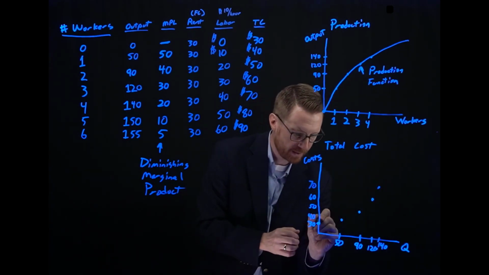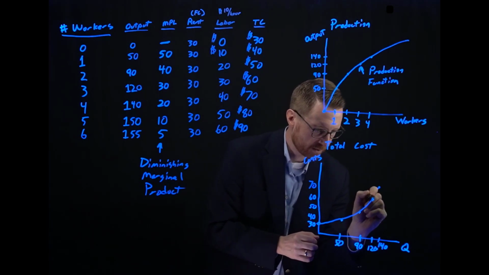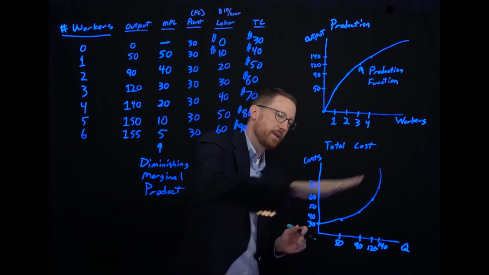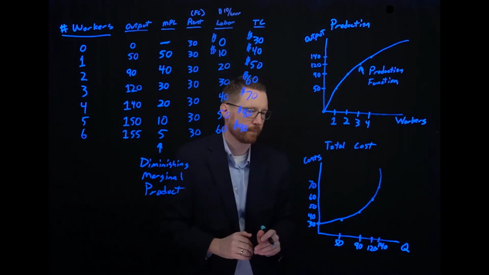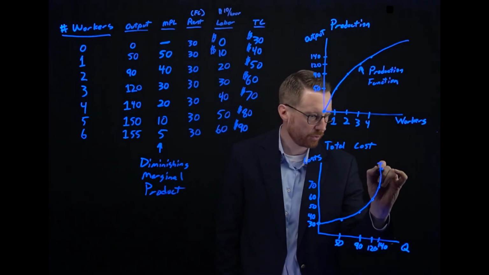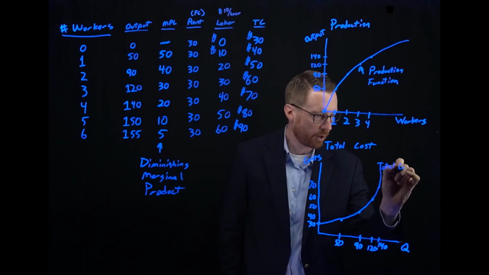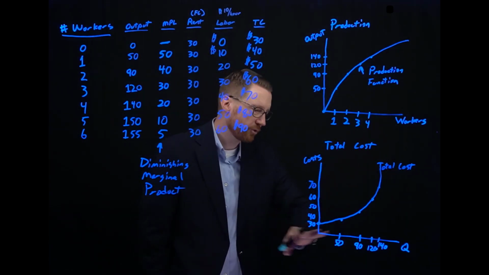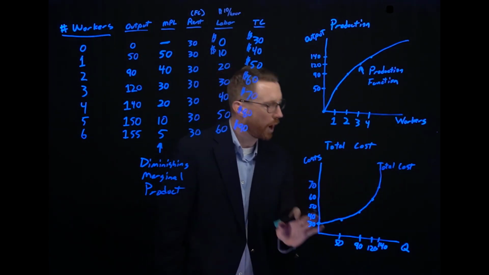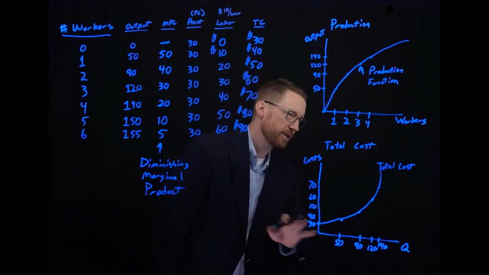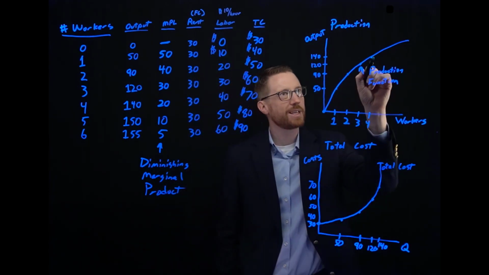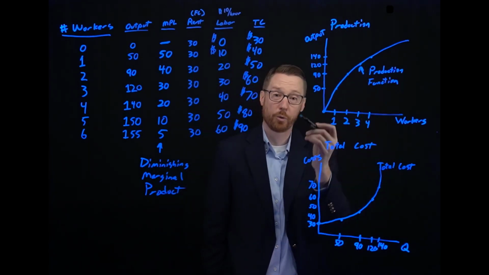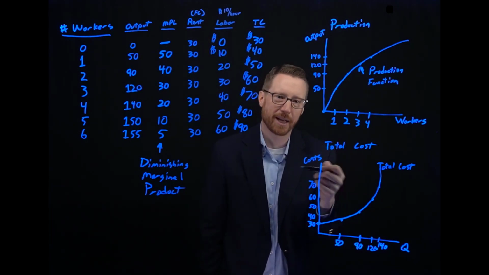So what's happening to their costs? Their costs are increasing exponentially. All right, this is total cost. So those costs are increasing exponentially. Well, why are they increasing like that? Why do they just sort of take off? Well, because each additional worker who we're paying provides less and less output.